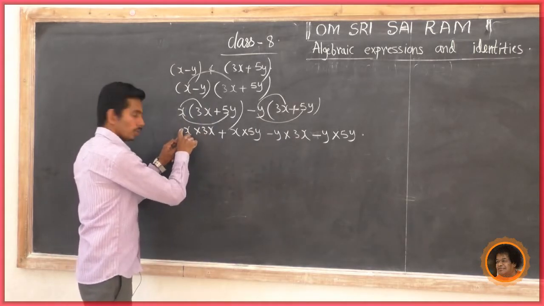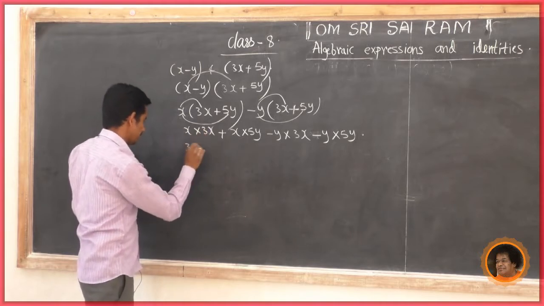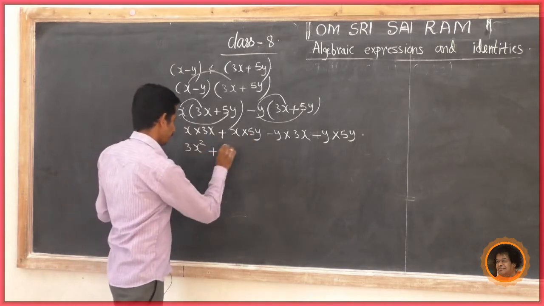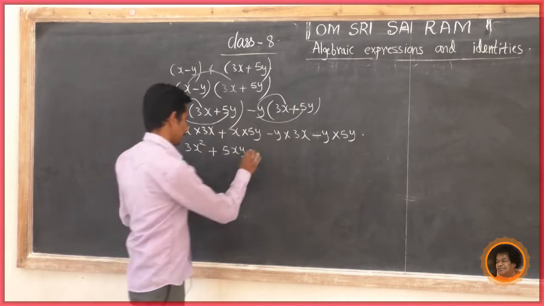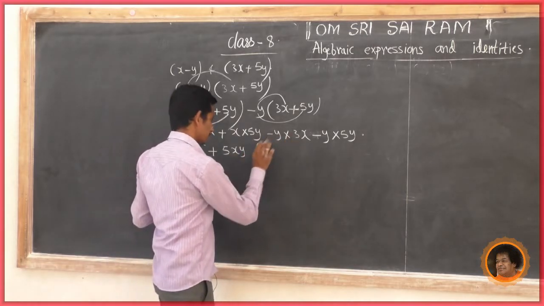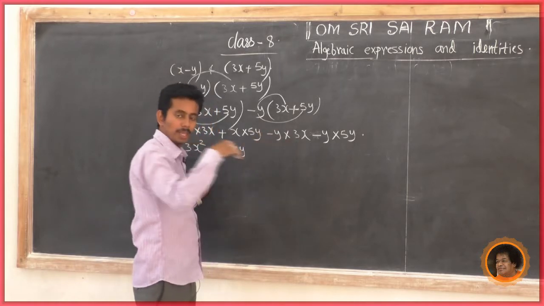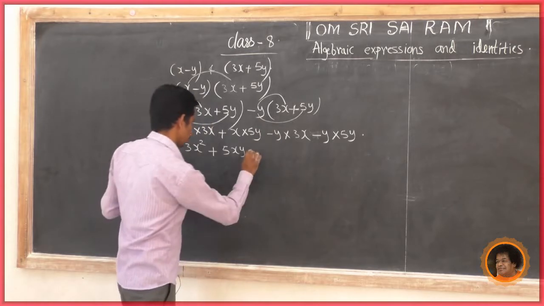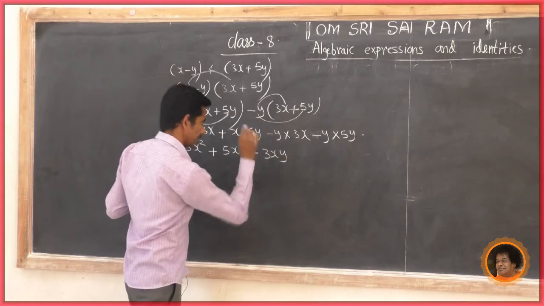3 into 1, here x means 1x, so 3 into 1 is 3. x into x becomes x squared, so 3x squared, plus 5 into x into y, it is 5xy. Then 3 into 1 is 3, but here it is minus and plus. So when we multiply minus into plus, the product gets a minus sign. So minus 3xy.